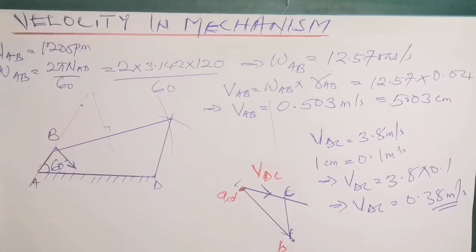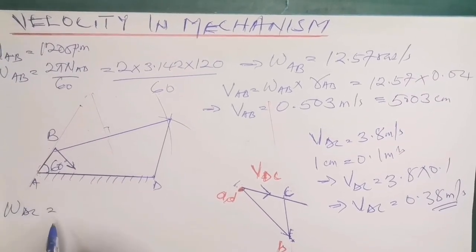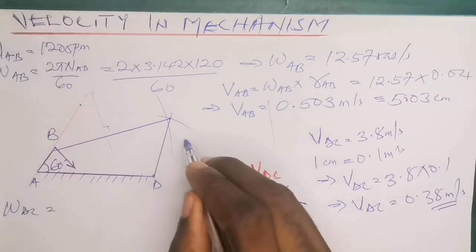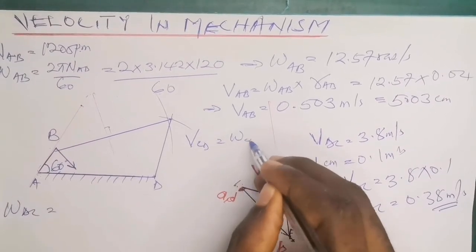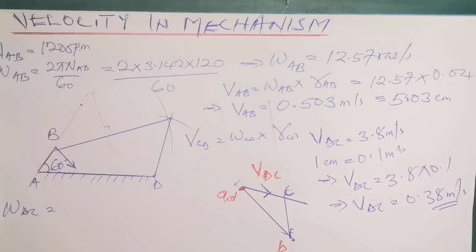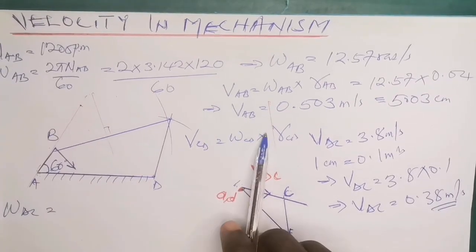So if you know this velocity now, the question is asking us to find the angular speed. You remember your formula? Simply recall that velocity along CD is angular speed along CD multiplied by the distance between C and D. So you can make angular speed the subject: it becomes linear velocity divided by that distance.